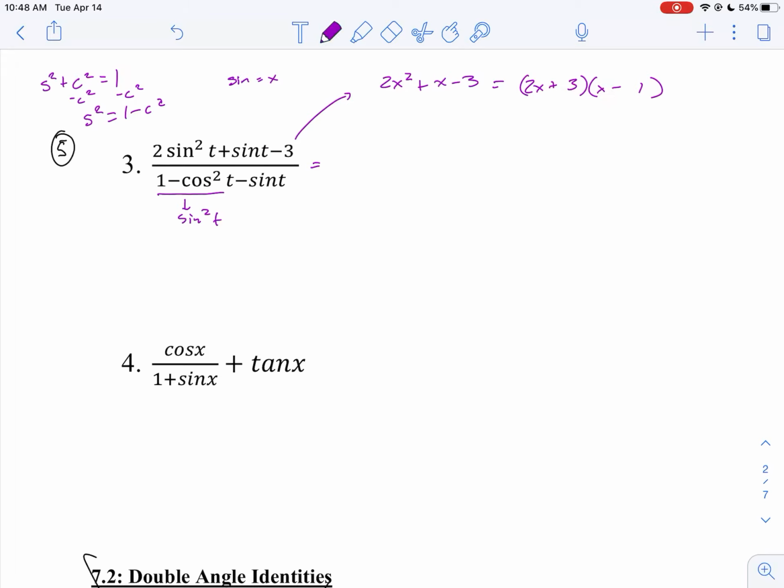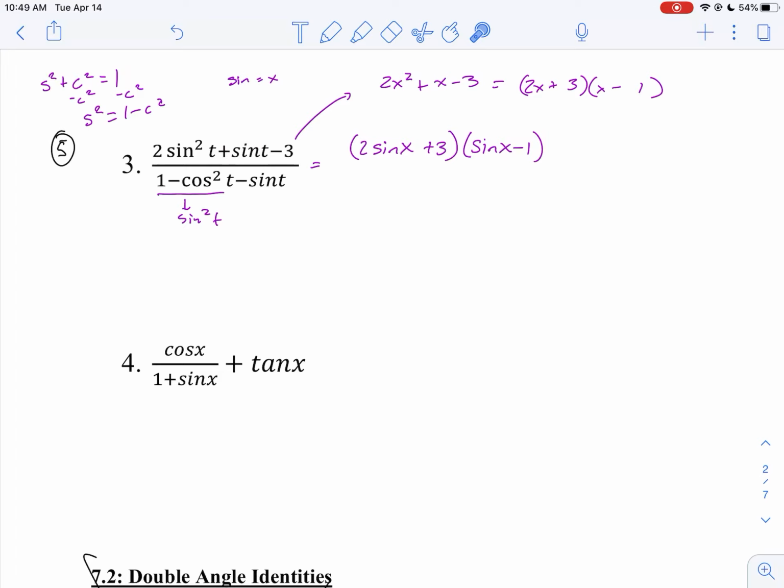The numerator, I'm kind of doing a bunch of stuff at once, so let me quick review. I factor this, and so that becomes 2, and instead of x, I'm just going to put sine of x in. Sine of x minus 1. And you see it works out the same. If I take 2 sine x times sine x, that's going to give me 2 sine squared.